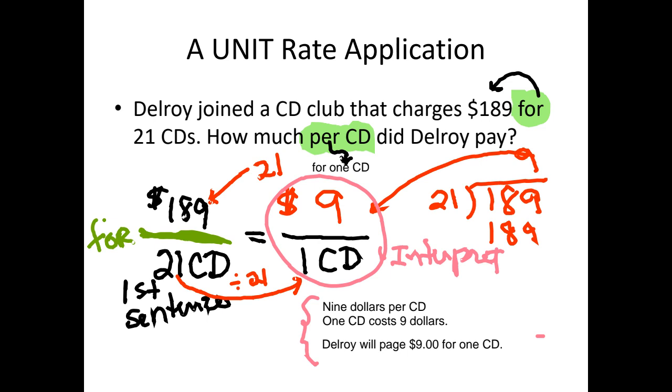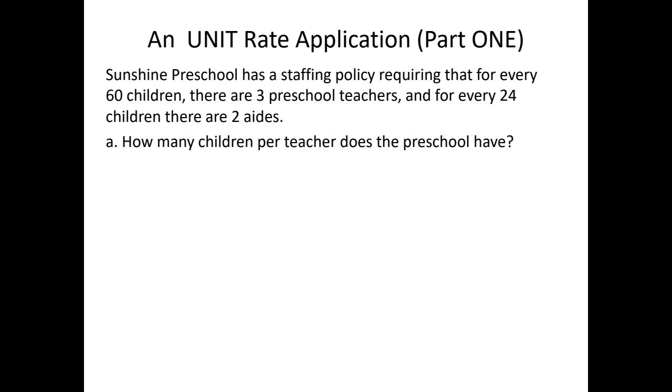Now, this next one has got several parts, and it is parts that you're going to have to work with, and you're going to read very carefully. Okay? Now, this is saying a unit rate application, which means we're into story problems.